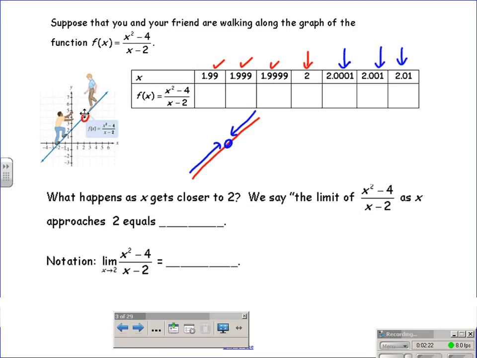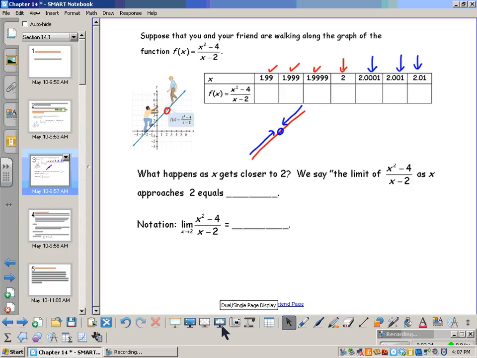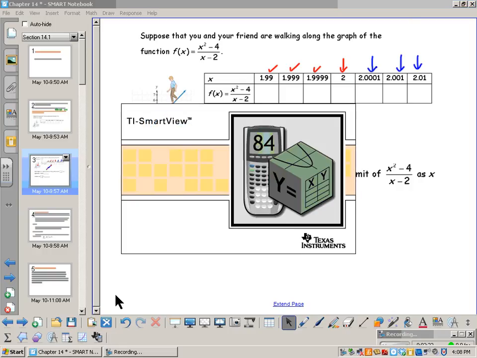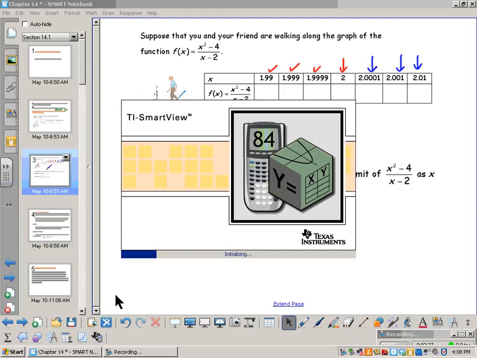And we're going to need our calculator to take a look at this. So let's go ahead and pull up our calculator. You're going to need to make sure that your calculator is in function mode, and we're going to graph this function.